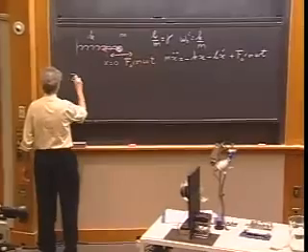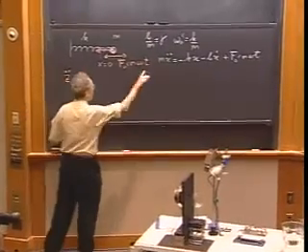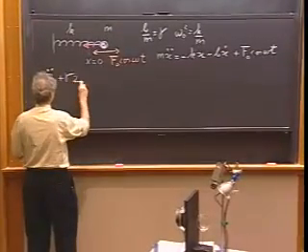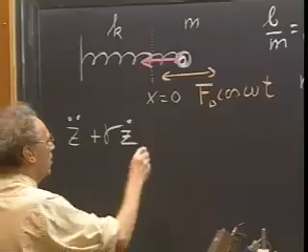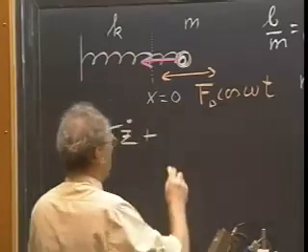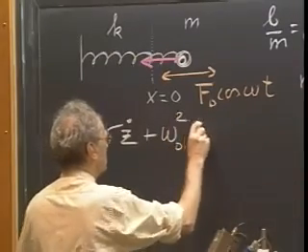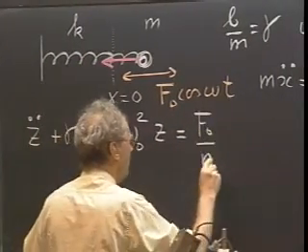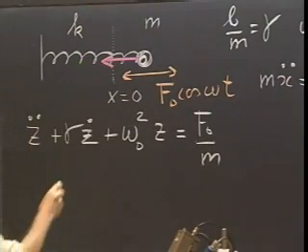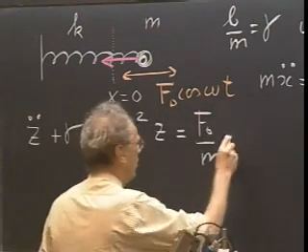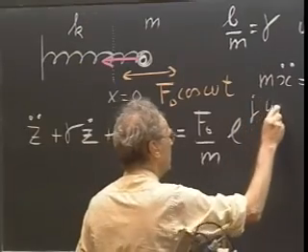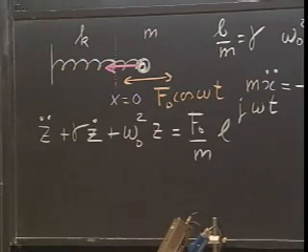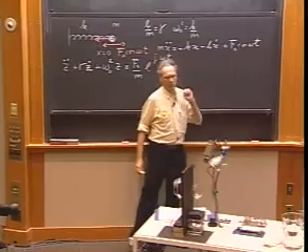So I write z double dot, I divide m out, plus gamma times z dot plus omega 0 squared times z, and that now becomes F0 divided by m, remember, I divided m out, times cosine omega t, for which I will write e to the power j omega t, because I work now in the complex plane. And through Euler, I can always convert that back to cosine.